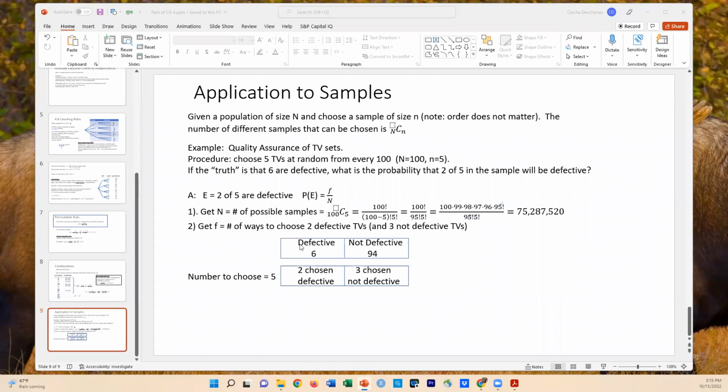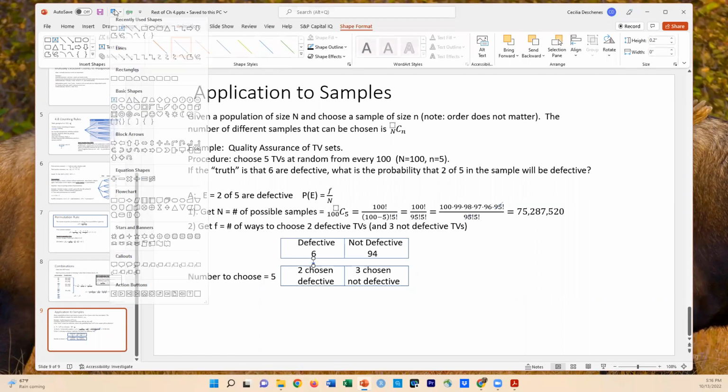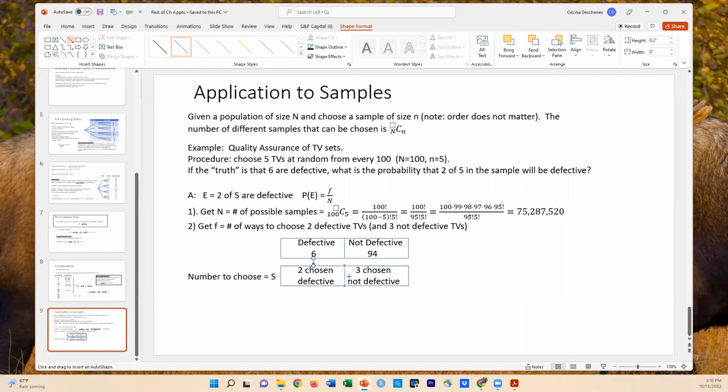Okay, so what we're going to do is think about all the TVs and group them into 2 groups of the 100. Since we know the truth is that there were 6 defective, and then there's 94 that are not defective. And so what we want to actually do here is think about how we choose these.